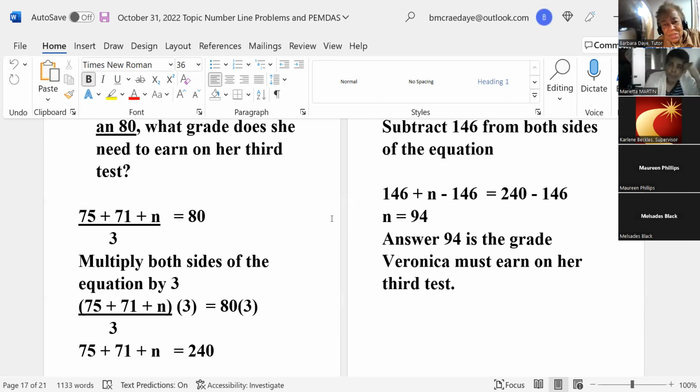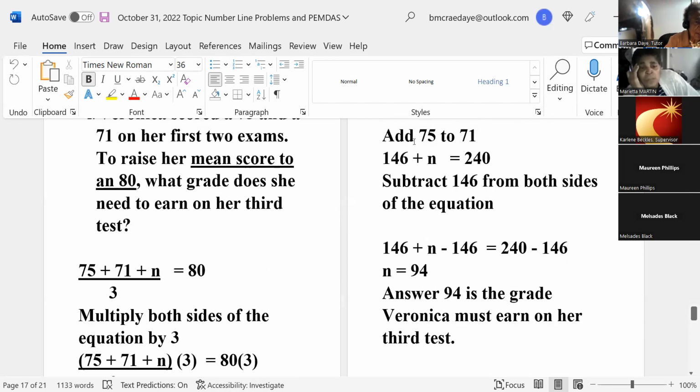Marietta, is that clear to you? Only one problem I have with it. Okay, just tell me what that is. We'll go over it again. I know you get 240, right? Where you get the 146? That's what bothers me. Okay, 75 plus 71 is what? Add 75 to 71.